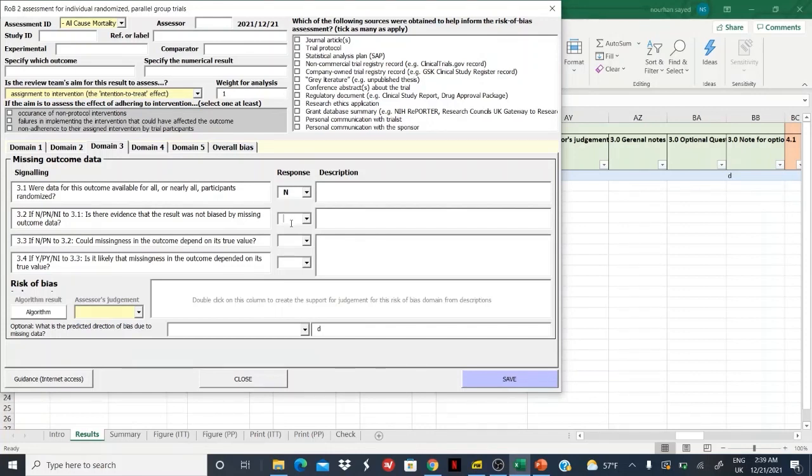In this scenario, we'll suppose that they did not conduct such an analysis. If they did, it would block off the rest of the questions. If they didn't, we'd have to answer the rest of the questions.